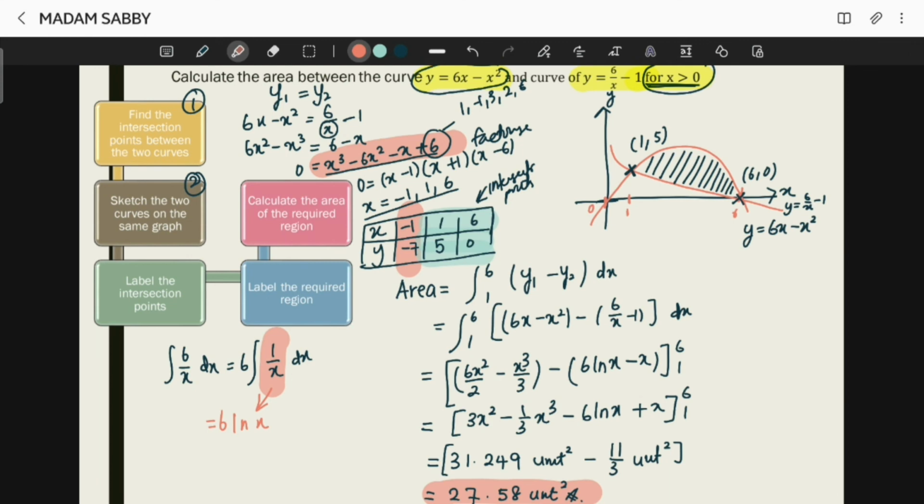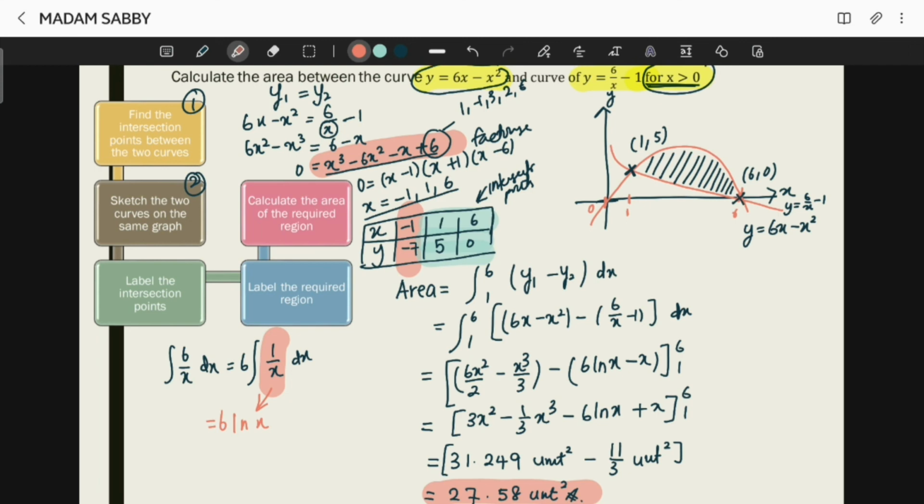Then we met a third example, example 3, which is to calculate the area between the curve and the y-axis. It's slightly different from examples 1 and 2 because you need to find the function x in terms of y first before you can substitute into the general formula, evaluate, and calculate the area.